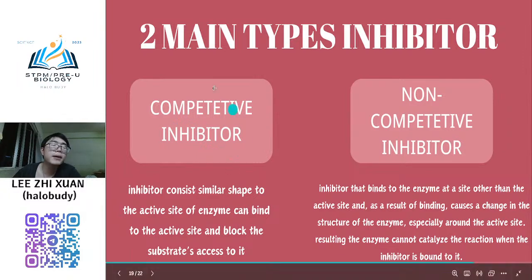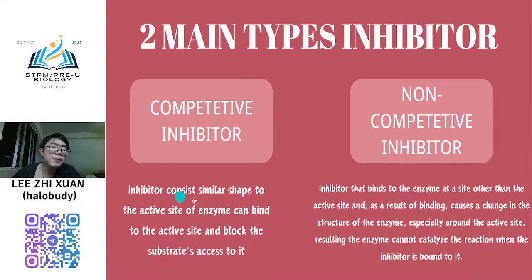So how does it play the role? A competitive inhibitor is a substance that has a similar shape to the active site of the enzyme. It is like a twin of the substrate. But this one is not a substrate, because when it binds to the enzyme, there is no reaction at all.